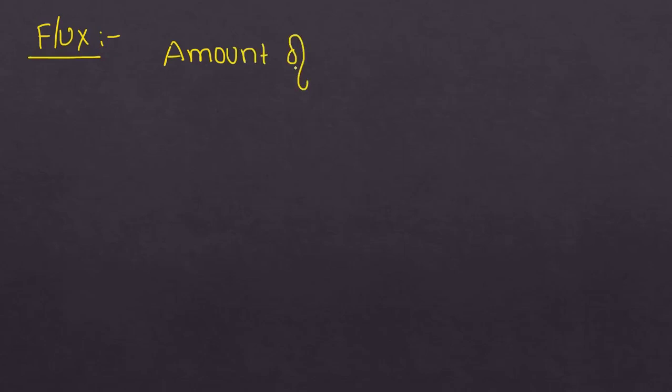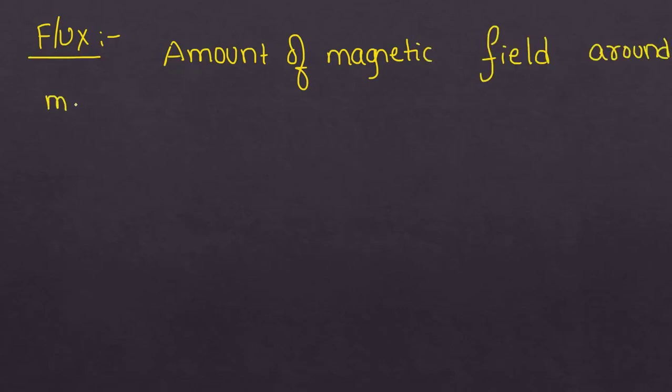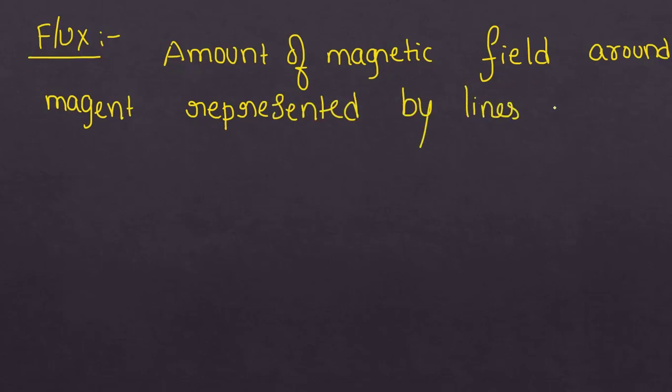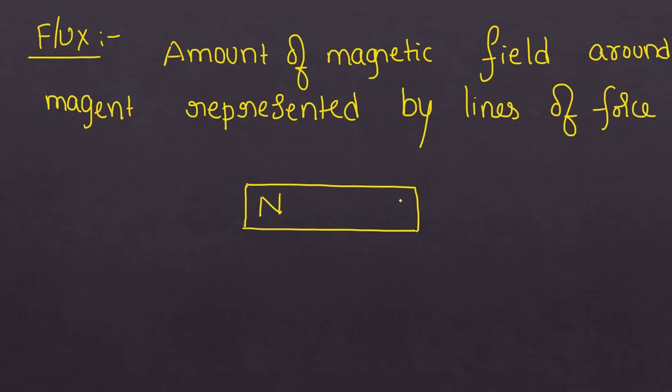Now we'll discuss some of the basic terms. First, flux. Flux is nothing but the amount of magnetic field around a magnet, represented by lines of force. So we take a magnet with a North Pole and a South Pole.